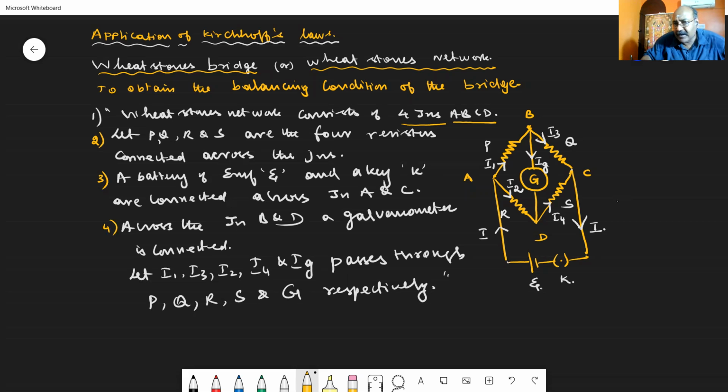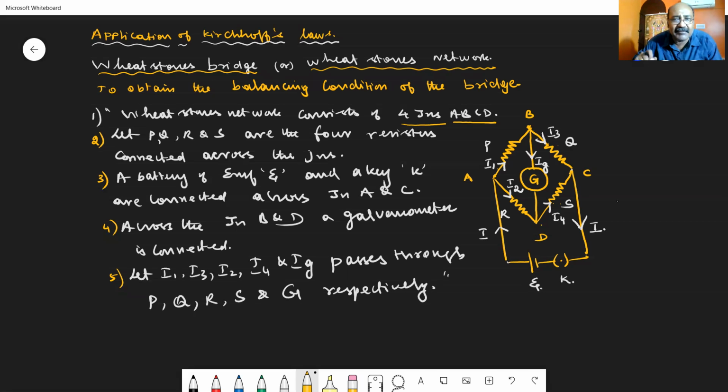Point 4: a galvanometer G is connected across the junctions B and D. Let I1, I2, I3, I4, and IG be the currents passing through P, R, Q, S, and G respectively. This is the description.